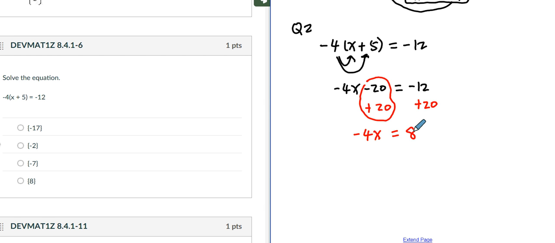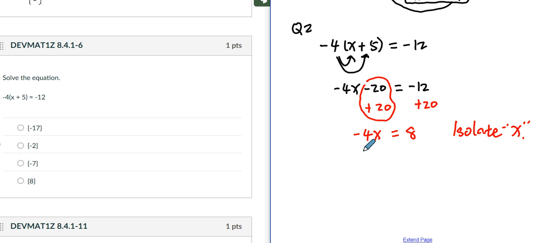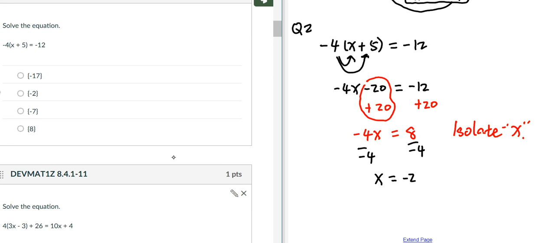Now, you can see we are trying to isolate x, put x alone. That's the strategy. So then we divide by negative 4 on both sides. So we have x equals negative 2. And this answer is correct. Okay, keep going.